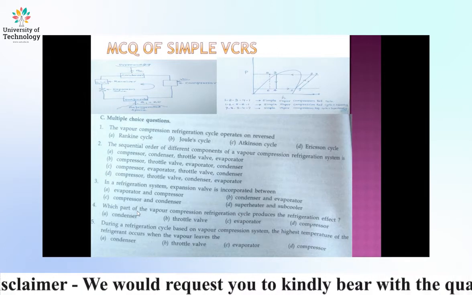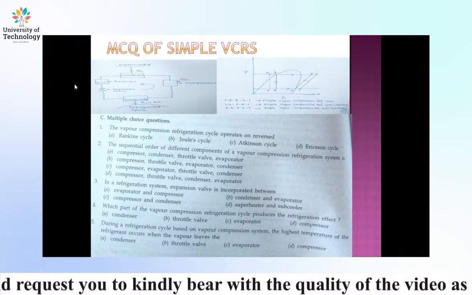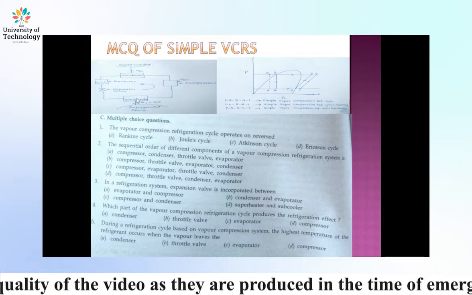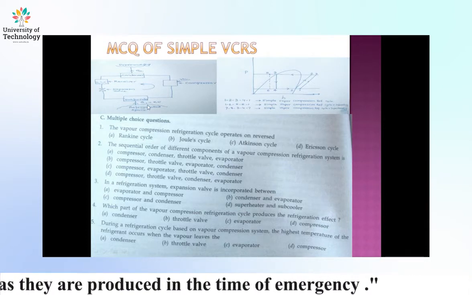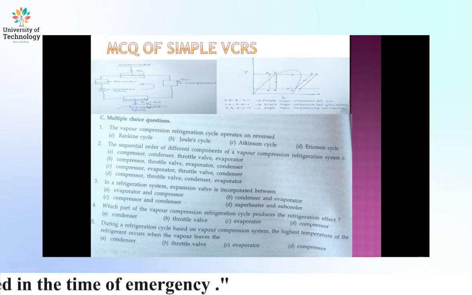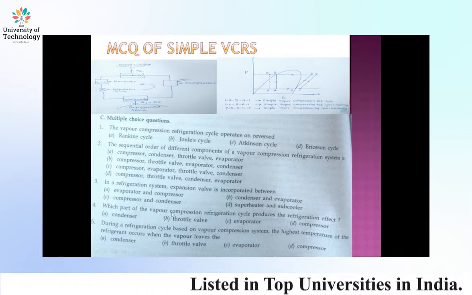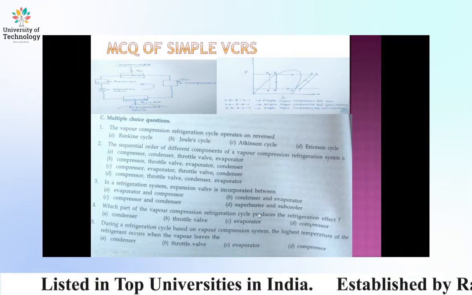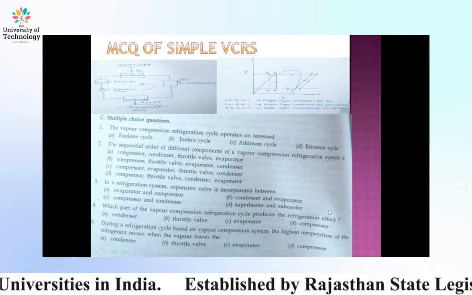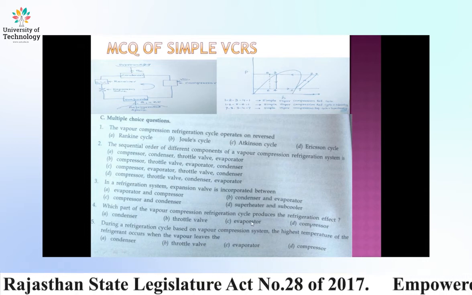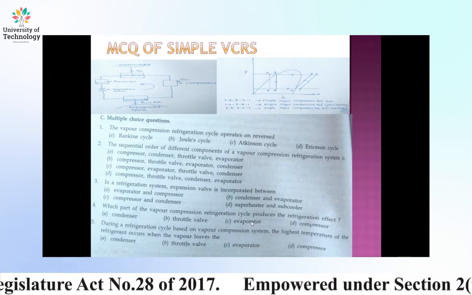So the amount of heat extracted by evaporator here produces the refrigerant effect. So refrigerant effect is produced by the evaporator. So option C is correct. Now look at question 5.